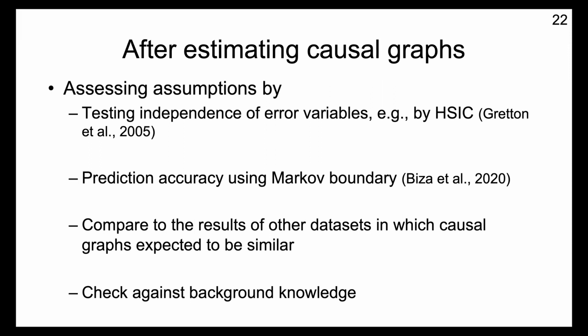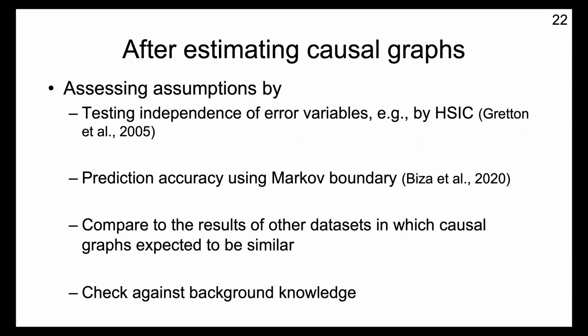Once the causal graph is estimated, the Markov boundary can be obtained for each variable. And once we know the Markov boundary, it is known that we can make our optimal prediction using the variables in the Markov boundary.